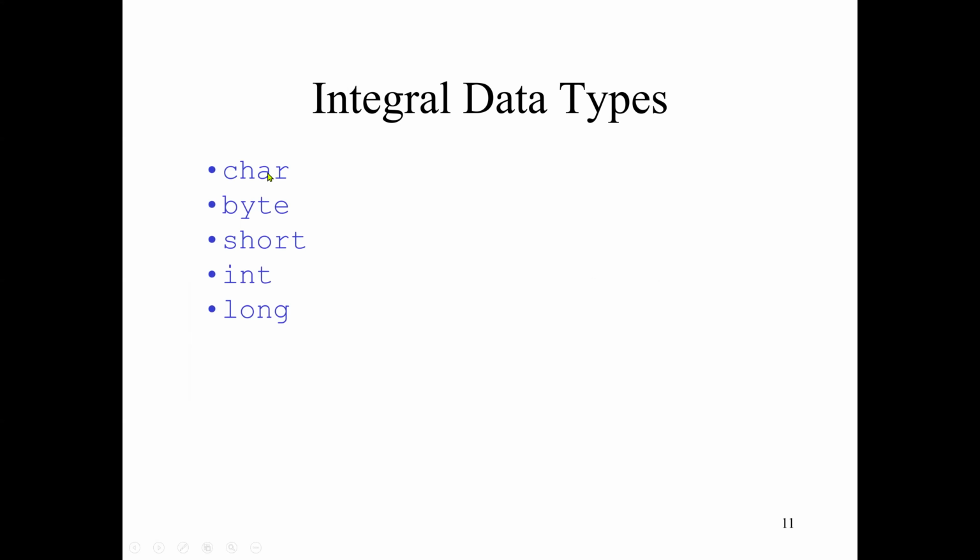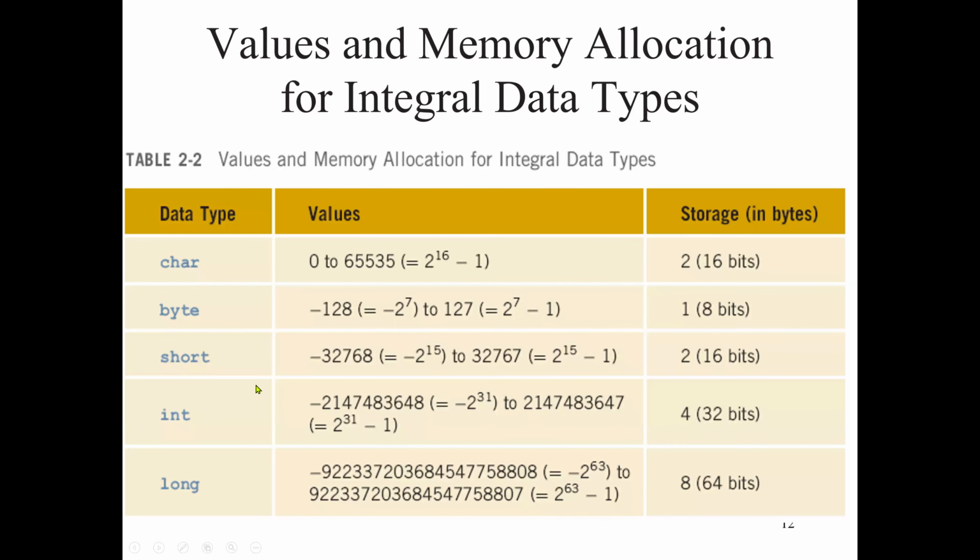So these are the integer data types: char, which means a character, byte also, and we know the size of a byte is 8 bits. We also have short, int, and long. Now, int and long, we can use as whole numbers, but the difference is the size of the value. Long is larger than int. And we shall go through that in a second.